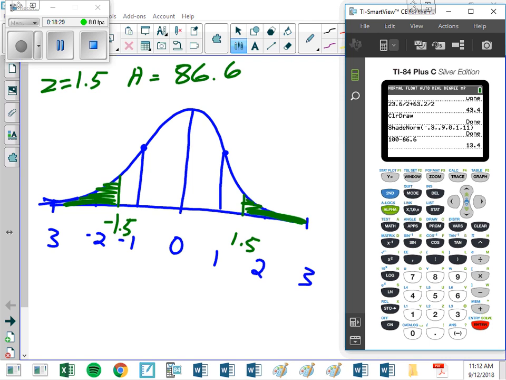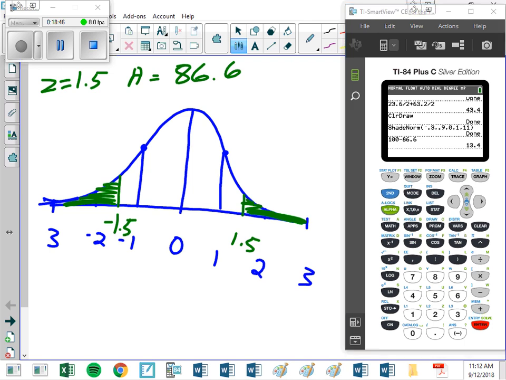So you could do from negative 5 to negative 1.5 and hit enter and times that by 2, or you could add it to 1.5 to 5. So in this case, the table is actually faster. If you're finding an outside area, this table is actually faster.